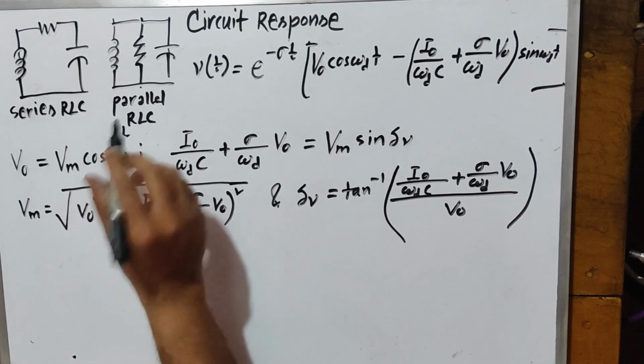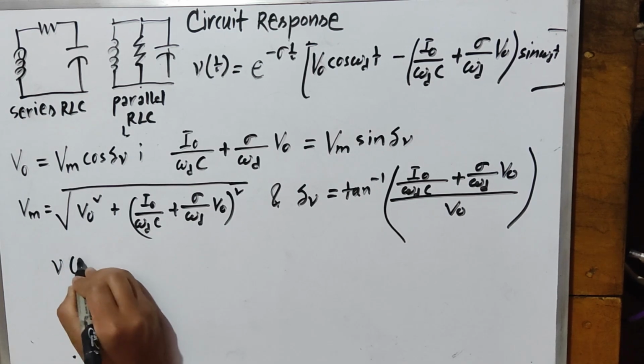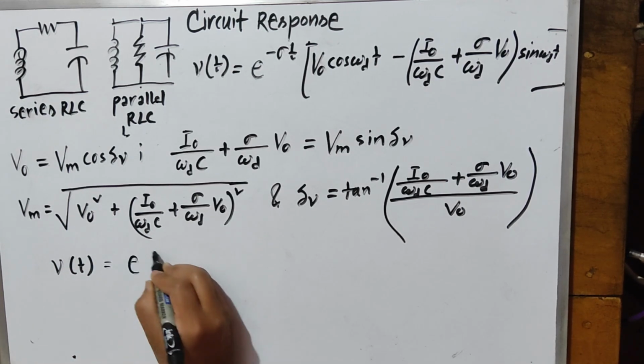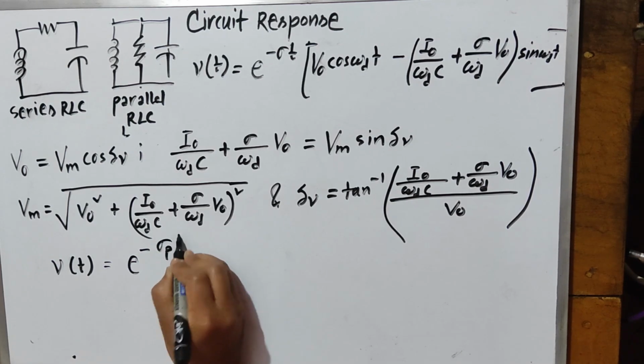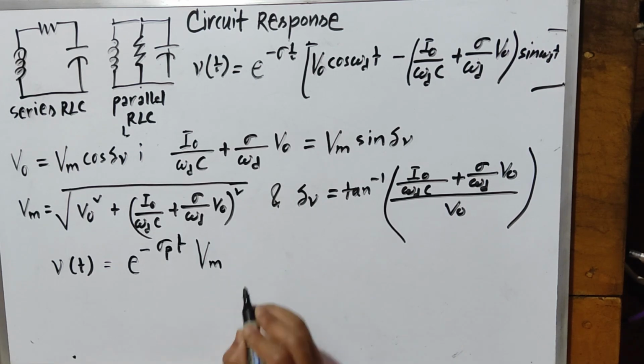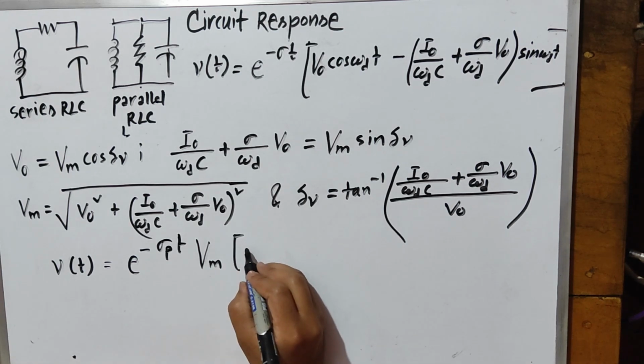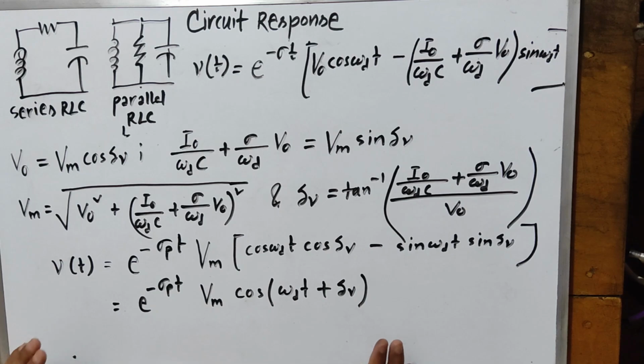Now the voltage response of the parallel RLC circuit in amplitude phase form will be Vt equals exponential minus sigma p t for the parallel RLC circuit, and Vm, so this is the amplitude phase form, obviously the decaying amplitude phase form for the voltage response of the parallel RLC circuit.